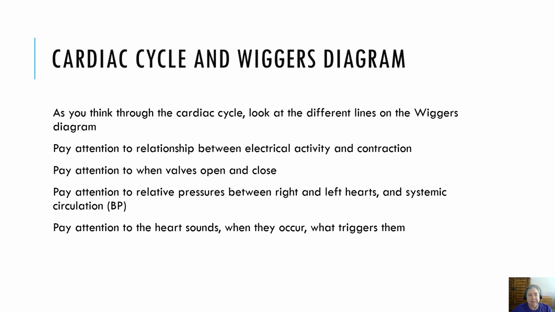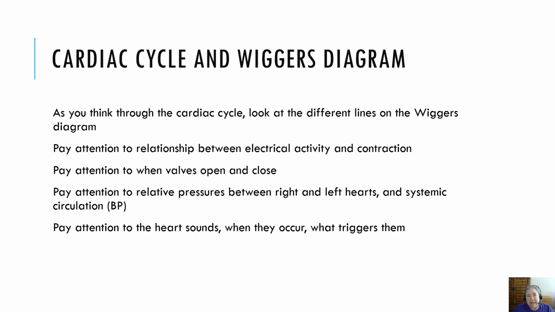So, for instance, pay attention to the relationship between the electrical activity and the pressures that illustrate contraction of the atria and the ventricles. Pay attention to valve opening and closure, which has to do with the relative pressures between the atria and the ventricles, or between the ventricles and the semilunar valves.